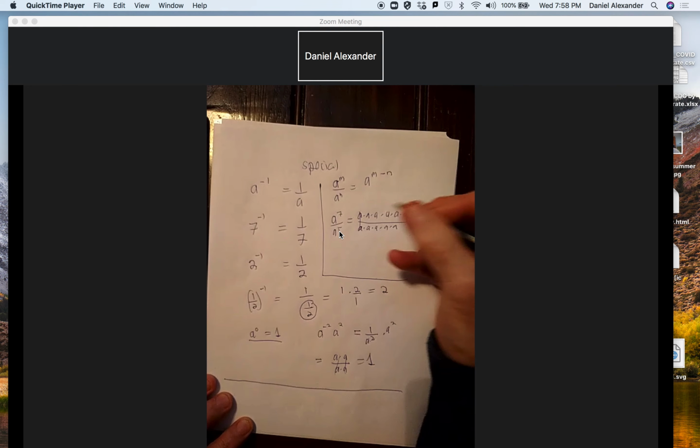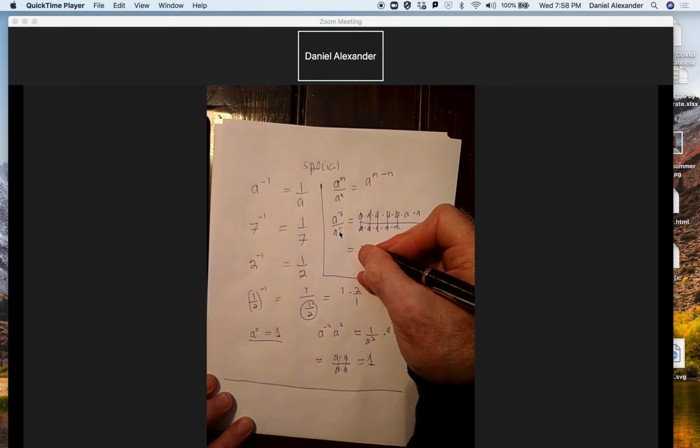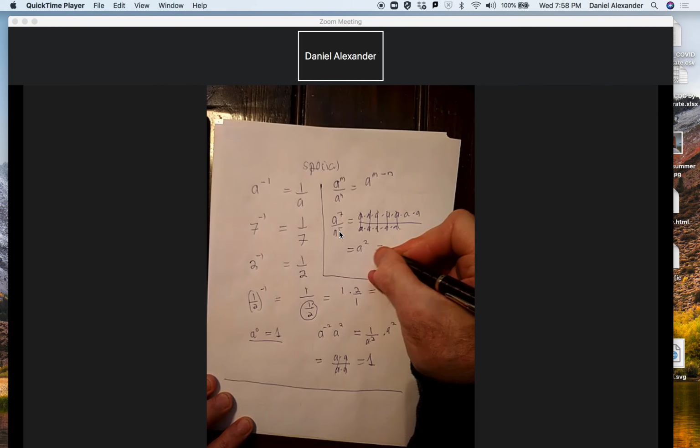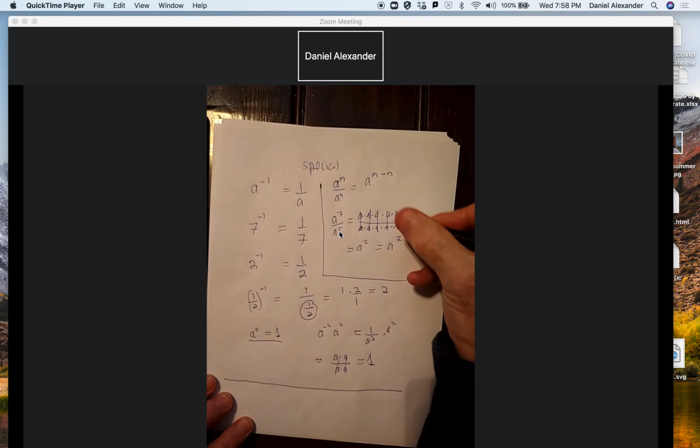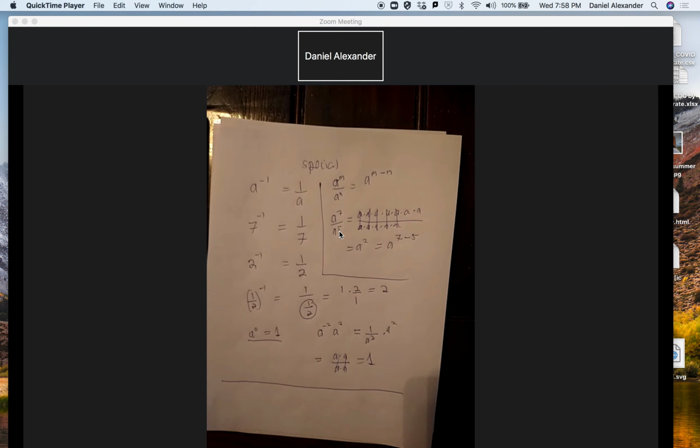Notice, cancel, cancel, cancel, cancel, cancel. I've got 2 left. That's a to the 2, which happens to be a to the 7 minus 5: how many I had on top minus how many I canceled. Okay, so that's a quick review of exponents.